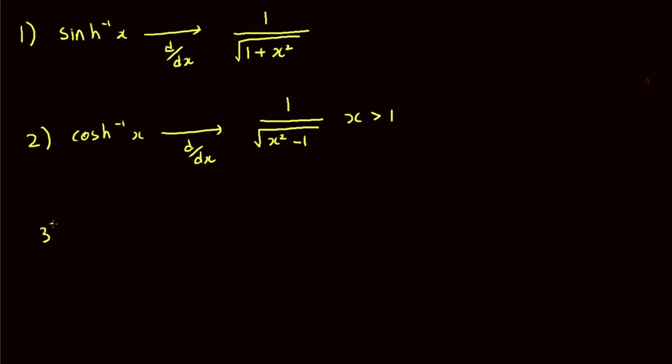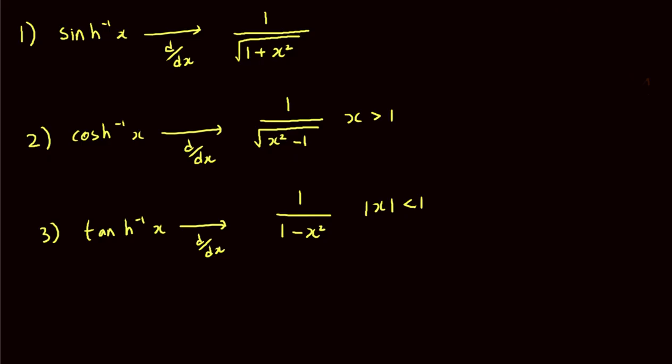And for the derivative of tan hyperbolic inverse, d/dx, it is quite simply 1 over 1 minus x squared, where the modulus of x has to be less than 1.